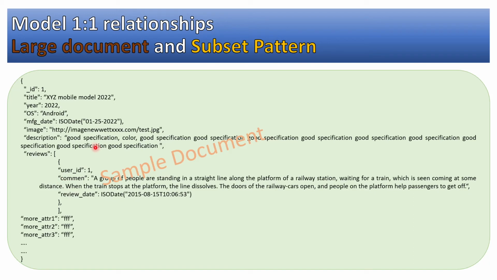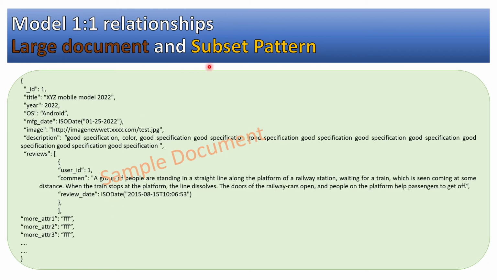Now what to do? If you notice, reviews are there. It is only showing one review, but it is an array. There could be tens of thousands or hundreds of reviews, right? But we do not want to fetch all the reviews in a single go, right?